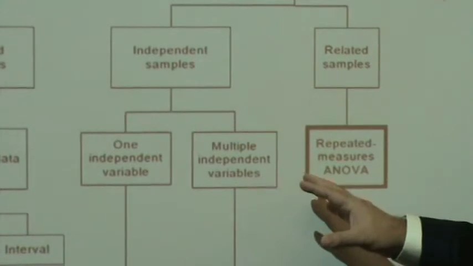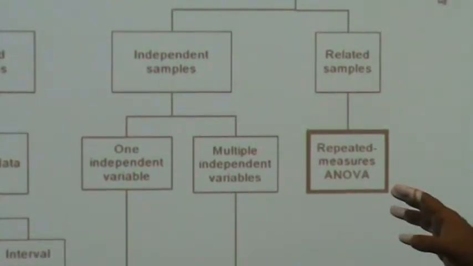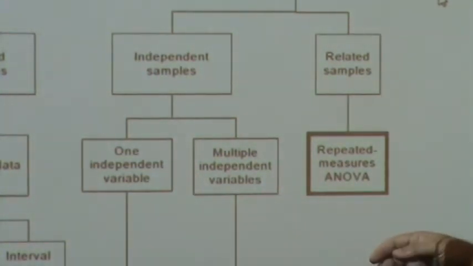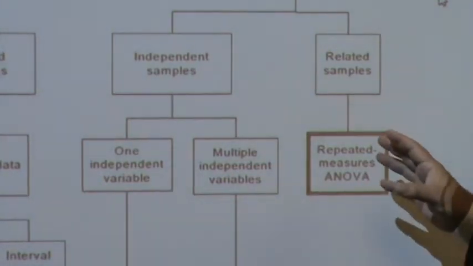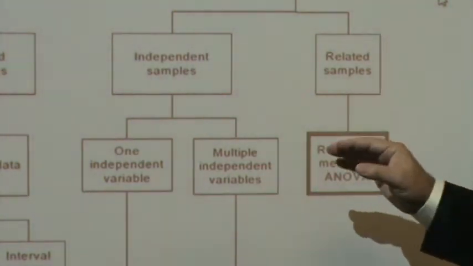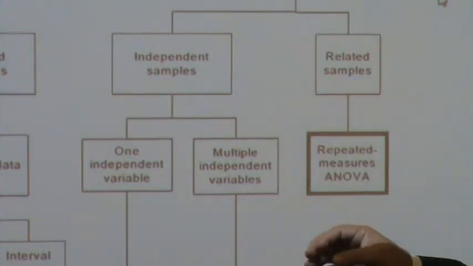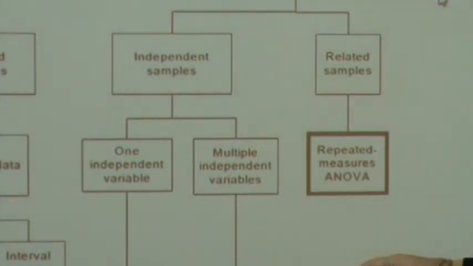Now, there's one thing that's not on this slide that really you are responsible for knowing and understanding, which is, when do you do a MANOVA? And the answer to that question is when you have more than one dependent variable, you do a MANOVA.